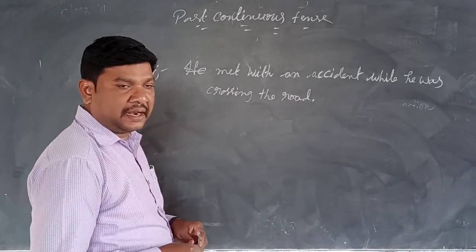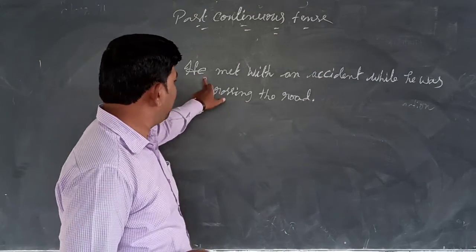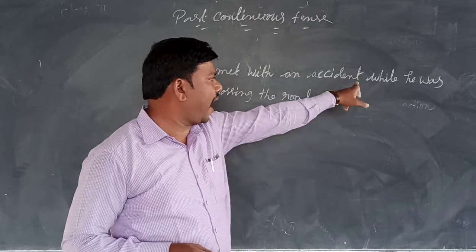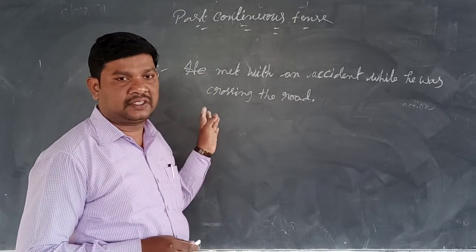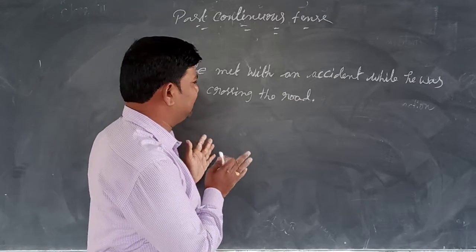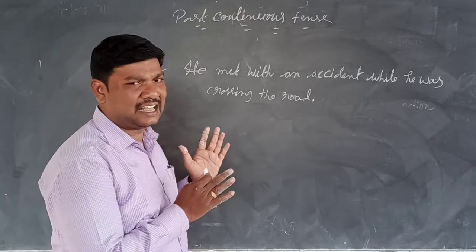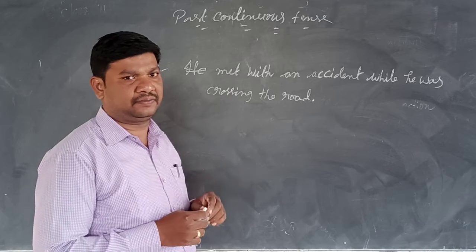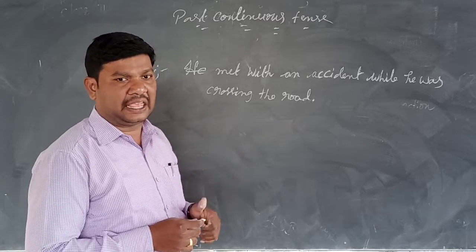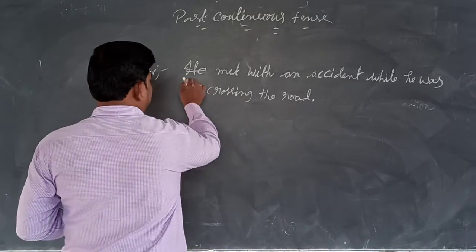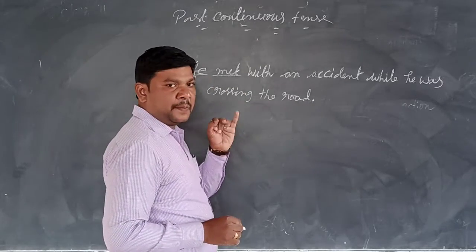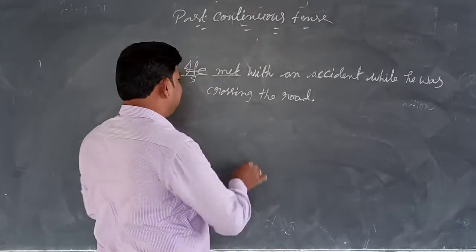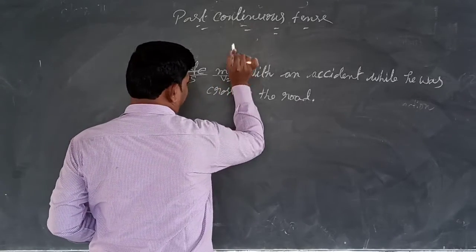Students, read this sentence here. He met with an accident while he was crossing the road. If we observe this sentence clearly, two tenses are involved in it. First, the subject is there. He is the subject. Met: meet, met, meeting. It is V2. Met is V2.